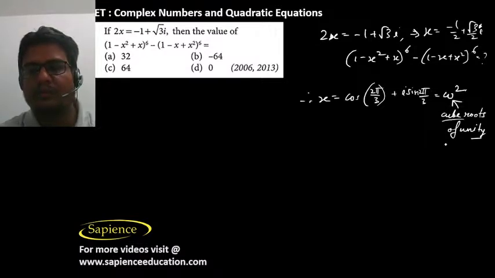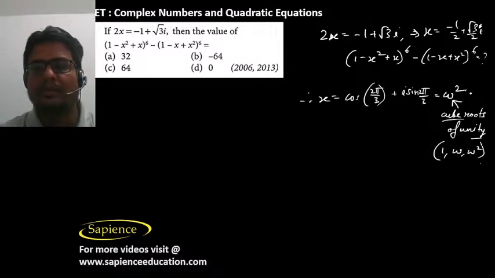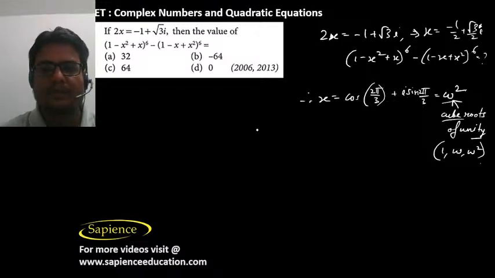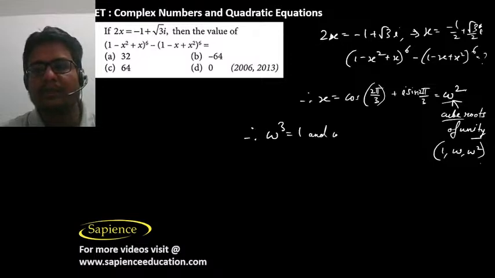The cube roots of unity are 1, omega and omega square. So this is the third cube root of unity. Now we know that omega cube is equal to 1 and also omega power 6 is equal to 1.